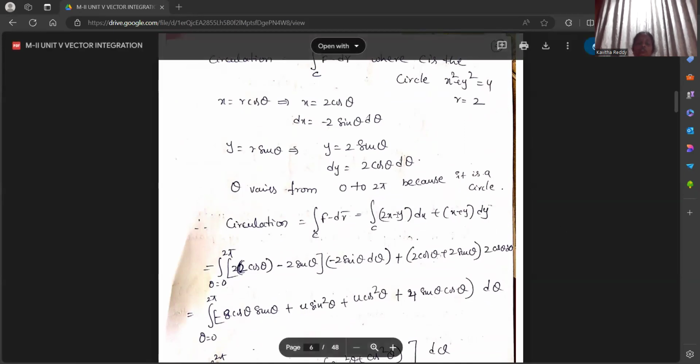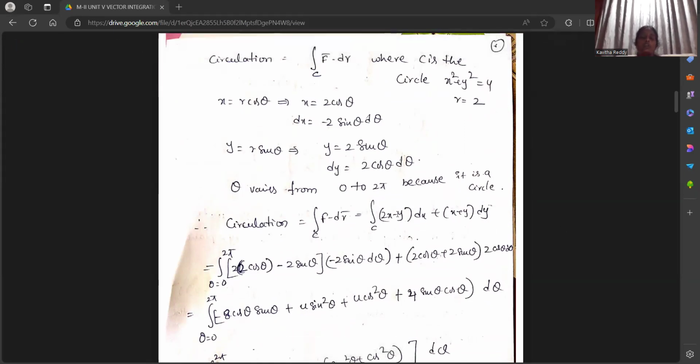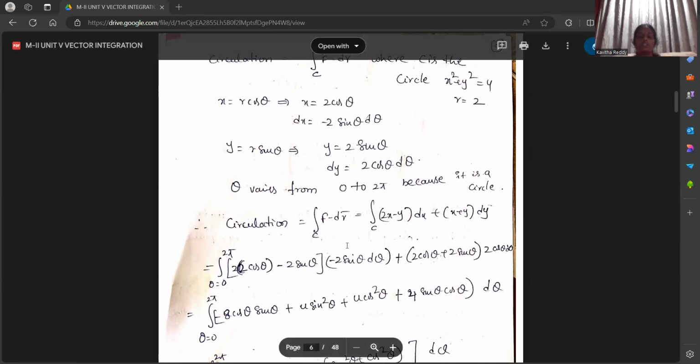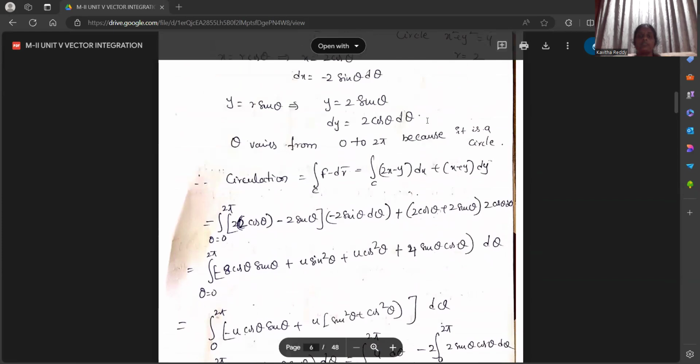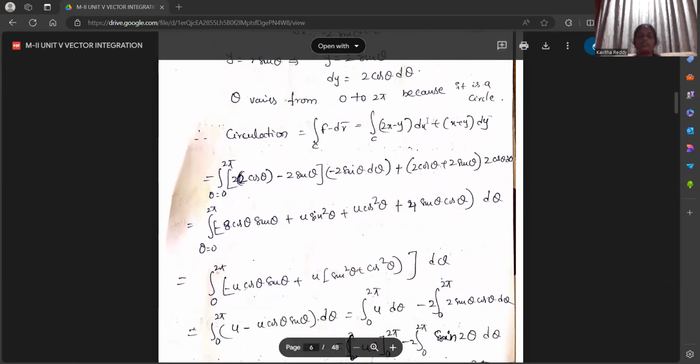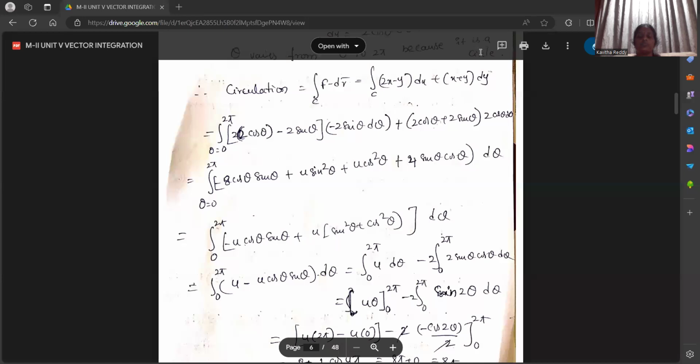Wherever you get x, write 2 cos theta, dx is minus 2 sin theta d theta, y is 2 sin theta, and dy is 2 cos theta d theta. The integration limits are 0 to 2 pi.